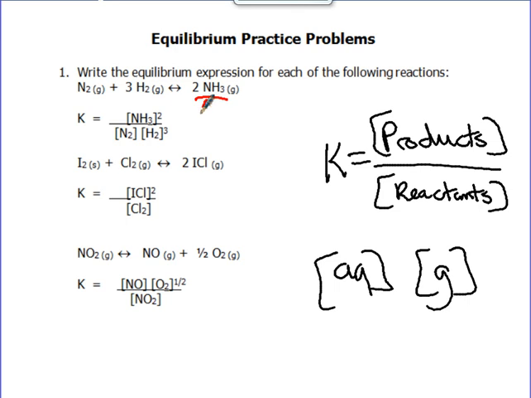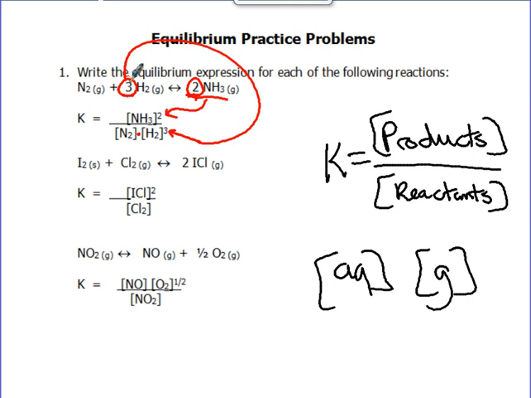This is the product, that's why it's on top. If it has a coefficient, that becomes the power. These are the reactants. They're on bottom. They are being multiplied together, not added together, once they get into the equilibrium expression. And then we have a 3 here, so that's why this is cubed. So we've just set up the expression.